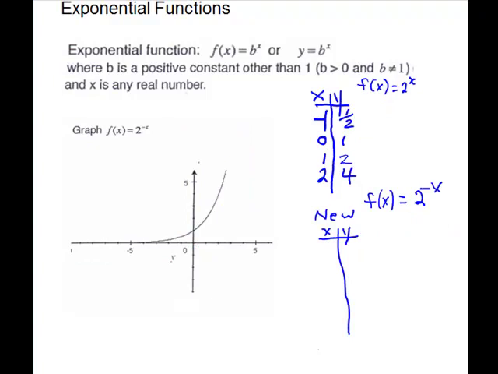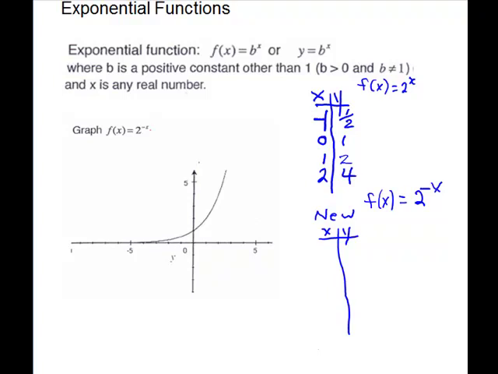Next, we'll look at the graph of 2 to the negative x. So we're going to transform our 2 to the x. A negative 1 times x is going to flip it across the y-axis. But to work it with the table, we have negative 1 times x. We do the opposite, which would be divide by negative 1. But if you multiply or divide by negative 1, it gives you the same thing.